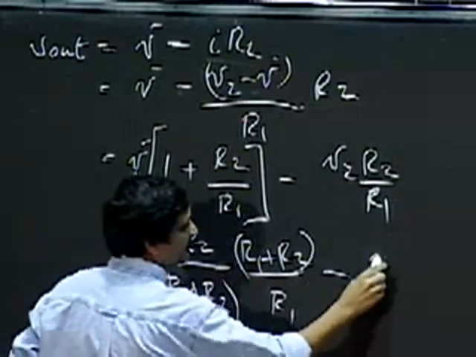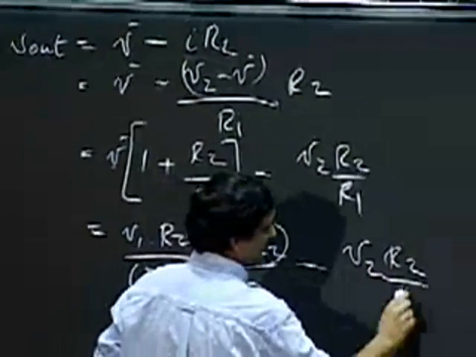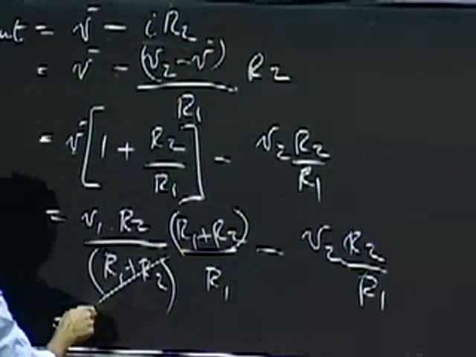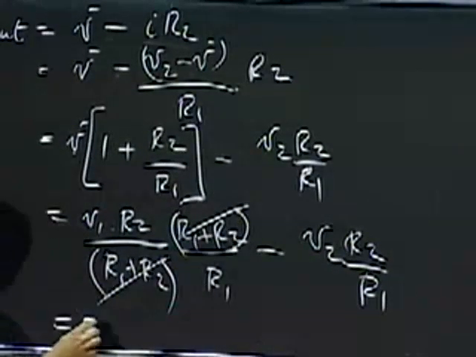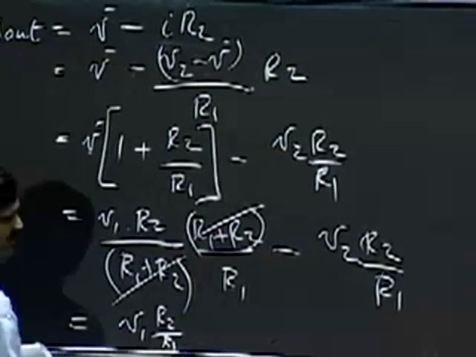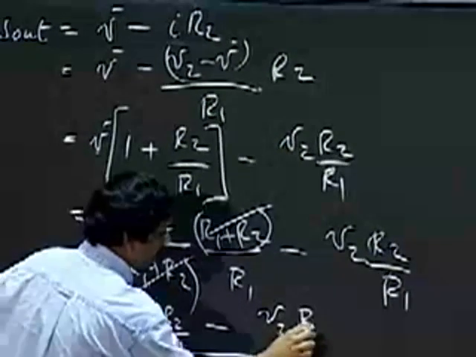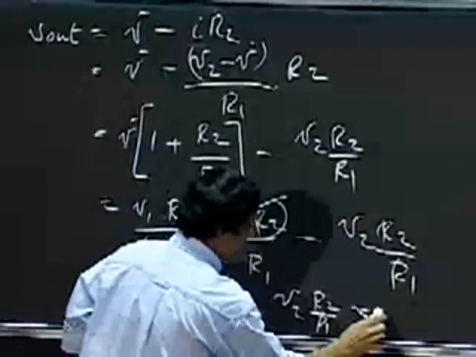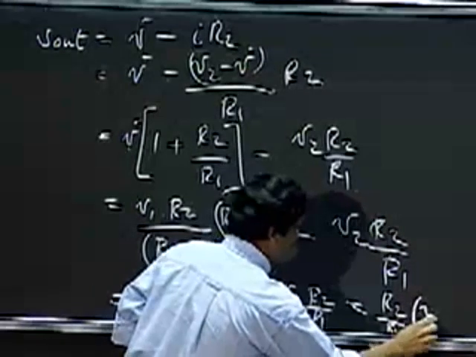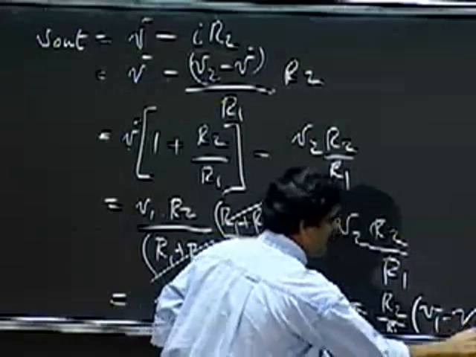Minus V2 R2 divided by R1. So what do we get? I cancel these two out, and what I end up with is V1 R2 divided by R1 minus V2 R2 divided by R1, which is simply R2 divided by R1 times V1 minus V2.